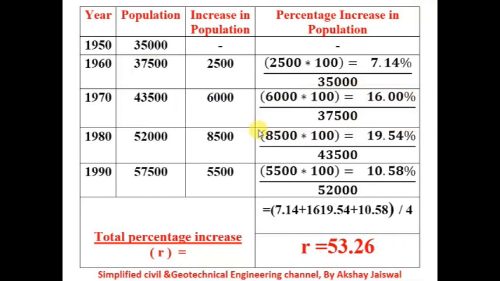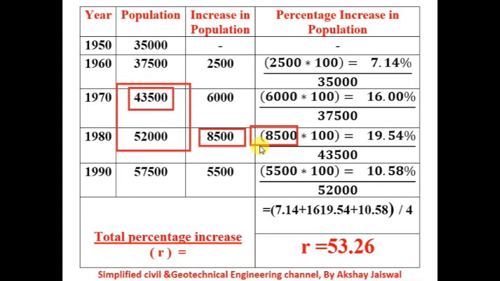In this way we can find out for case number 3 and case number 4. Increase in population between these 2 years is 8500. So we will write 8500. Then increase in population is taken from 43500, so we will divide it by 43500, and percentage increase means we need to multiply it by 100, that will be 19.54.